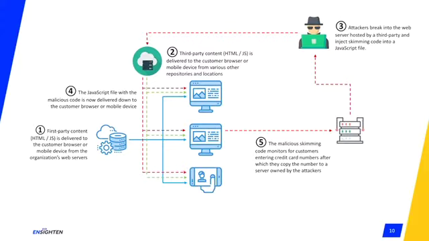unbeknown to the user. Skimming code usually runs on a website for weeks before the website operator discovers it. And they only usually discover it because a credit card company has alerted them to the potential fraudulent charges experienced by their customers after they had visited the website.